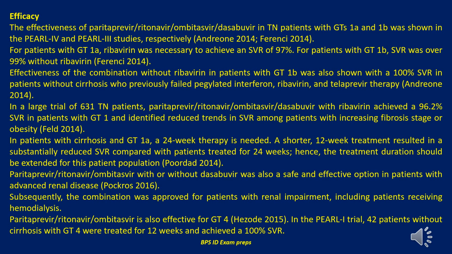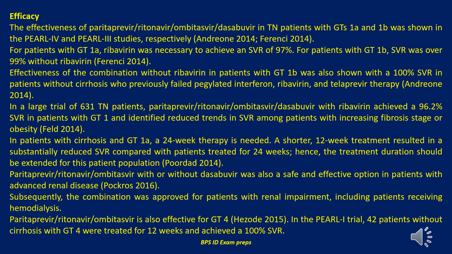For patients with genotype 1B, SVR was over 99% without ribavirin, according to Ferenci 2014. Effectiveness of the combination without ribavirin in patients with genotype 1B was also shown with a 100% SVR in patients without cirrhosis who previously failed pegylated interferon, ribavirin, and tenofovir therapy, according to Andreone 2014.